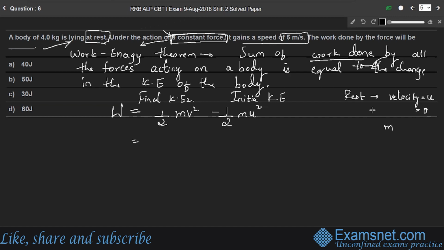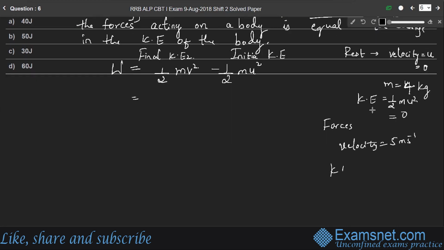Though its mass is 4 kg, the velocity is 0, therefore its kinetic energy, half mu square, is 0, right? After the application of some force, the body has got some velocity, which is 5 meter per second. Therefore, its kinetic energy according to the formula is half mv square.